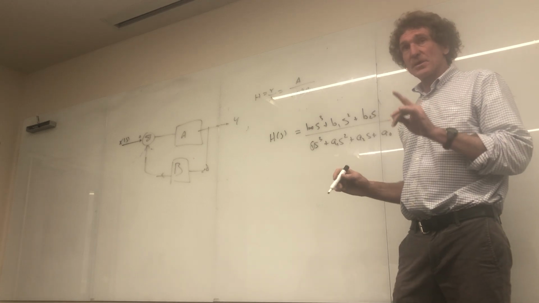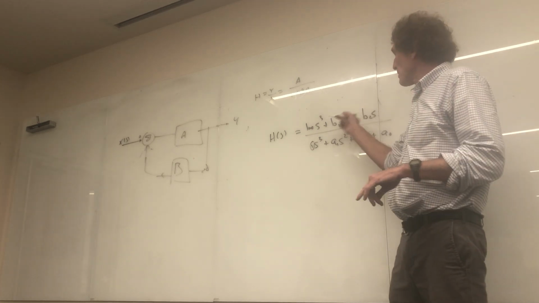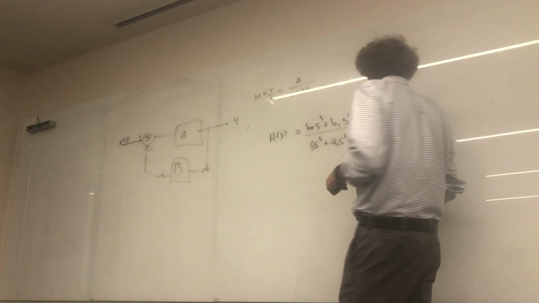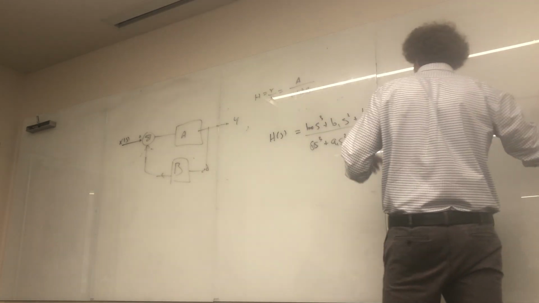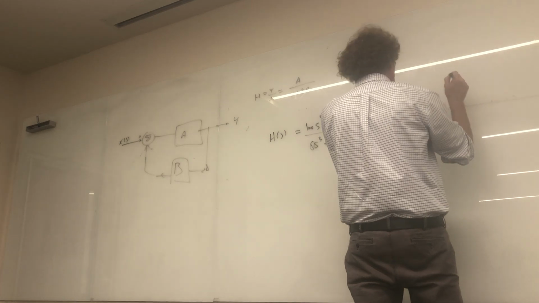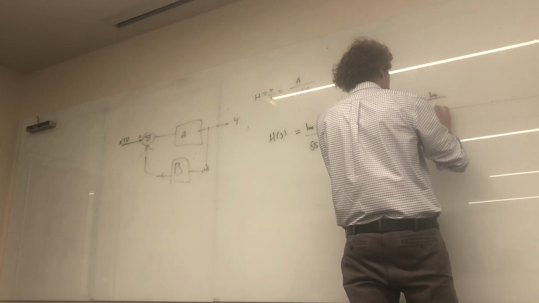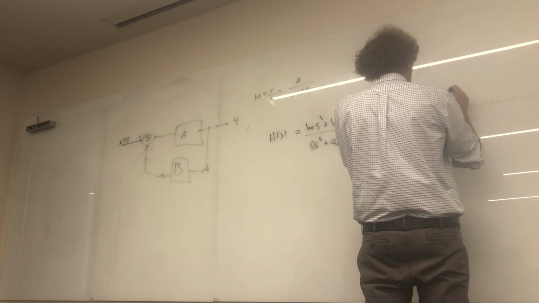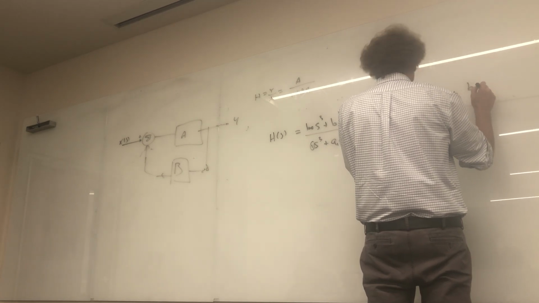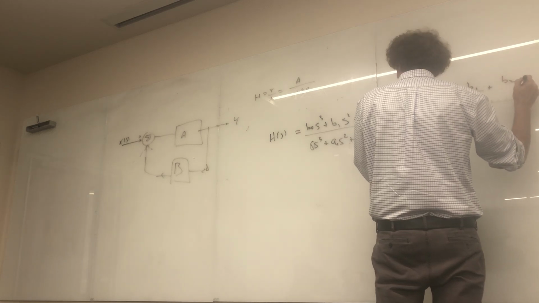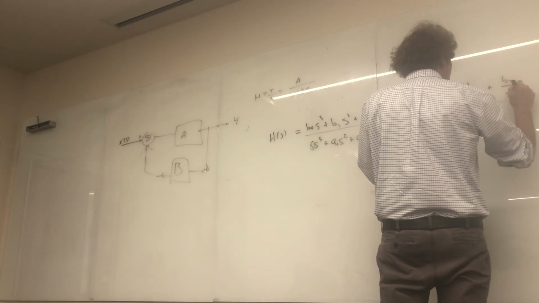Now, next thing you divide top and bottom by the highest power on S, which is cube in this case, right? So now it breaks out as this. You're not going to just cancel, but you're going to have B naught, sorry, plus B1 over S, plus B2 over S squared.